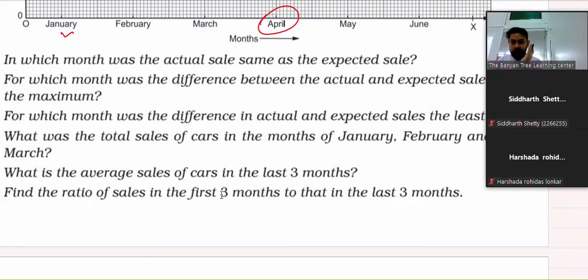Tell me the formula for average. Sir, total amount by the number of amount. Exactly. Total cars sold is how many? 375. And how many months are we calculating here? So how much is the answer? 125. 12 3s are 36 and 3 5s are 15. 125. This is the average sale in the last 3 months.